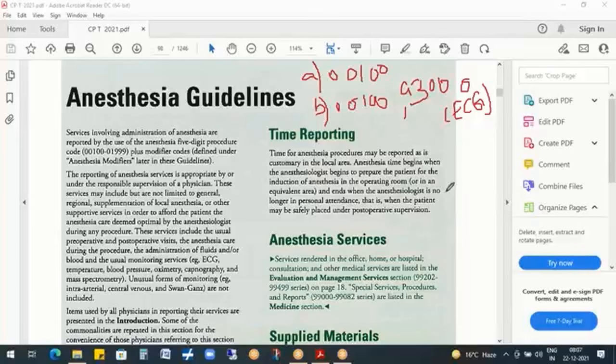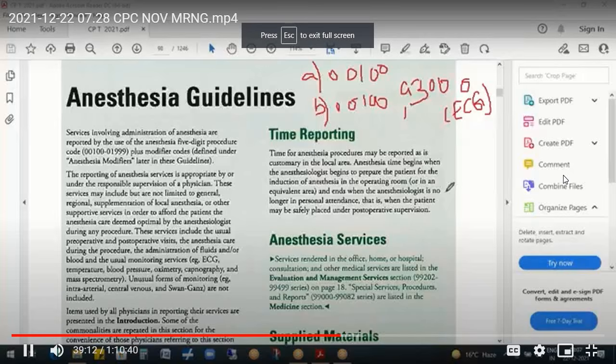Third point: Swan-Ganz catheter placement and monitoring. These are the common services an anesthesiologist will perform. These services can be coded along with anesthesia codes when they are performed only by the anesthesiologist. Always keep in mind, if any other surgeon is performing them, do not report them along with anesthesia.